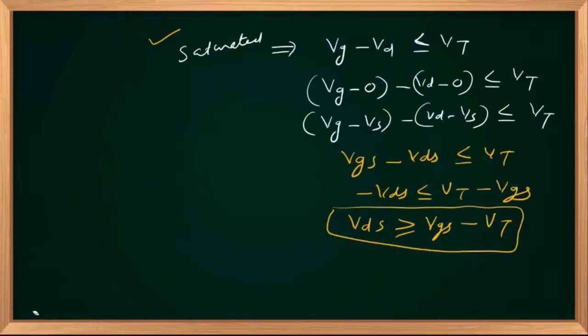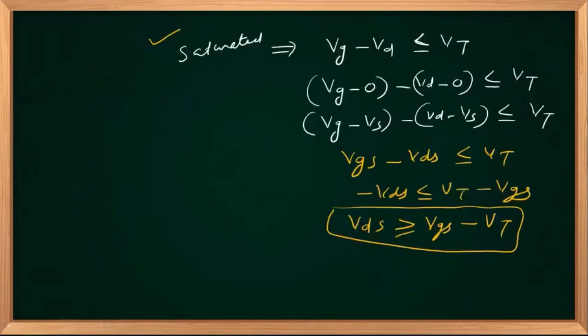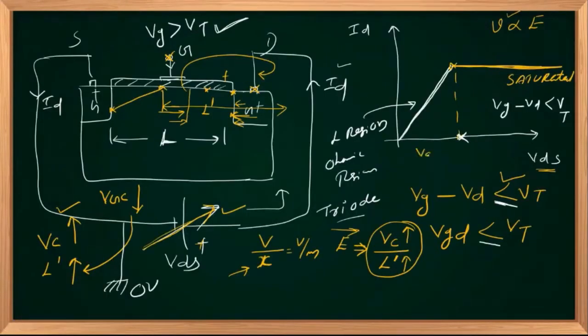So this value is equal to VDS, the x-axis is VDS, and that value is equal to or greater than VGS minus VT. So I will write it as VGS minus VT. VDS equals VGS minus VT at this point. And VDS is on the x-axis. In this region, the VDS value should be greater than VGS minus VT.